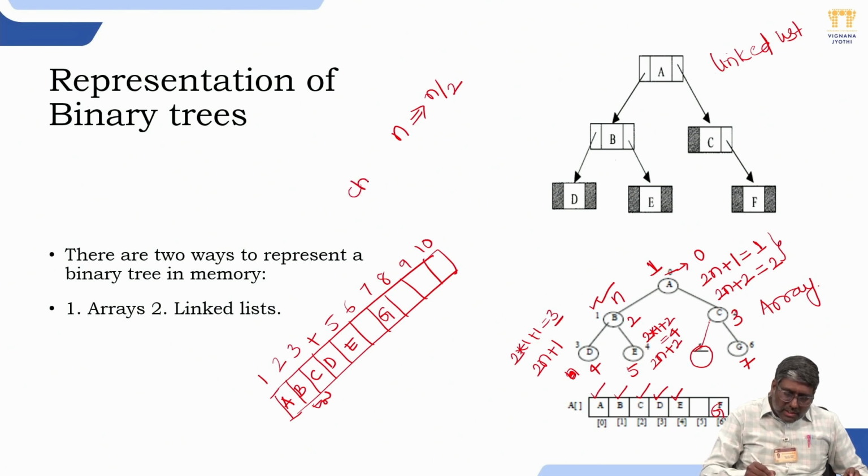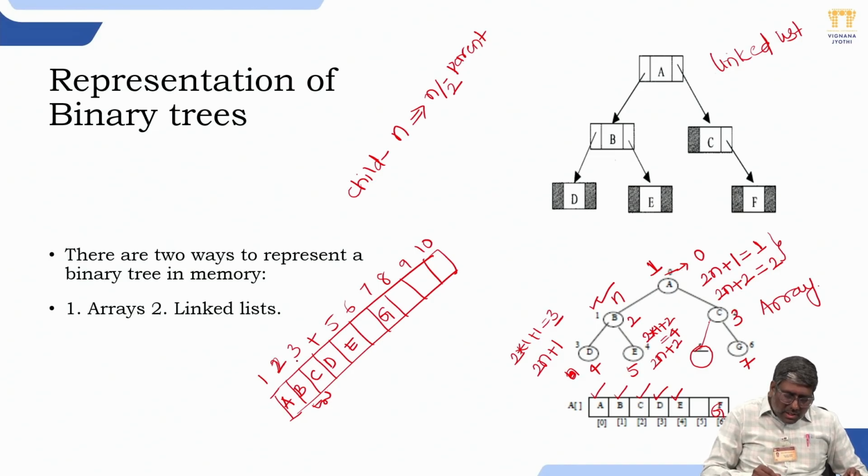So the parent of B is A, and similarly the parent of C is also A. We can get the parent of B by using the index 2. So here n is equal to 2. We get 2 by 2, which is 1, meaning whatever value is in the first position is the parent of B.